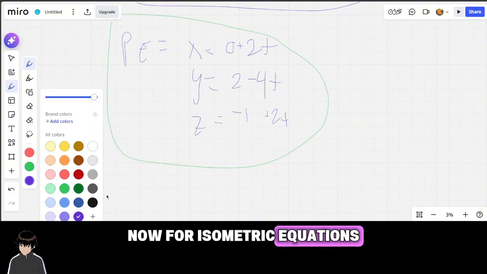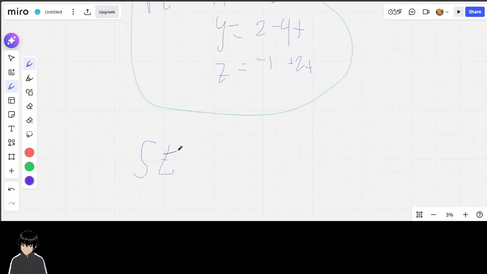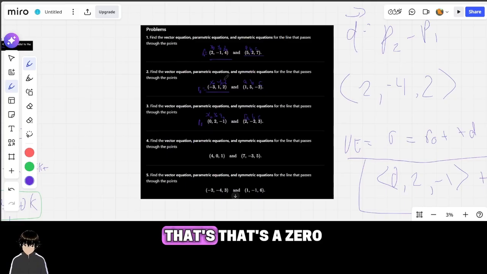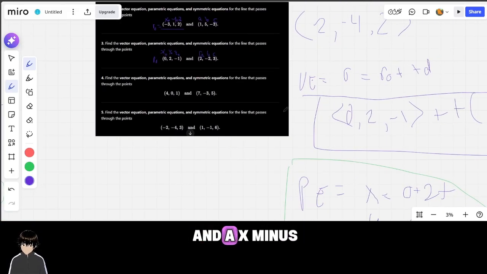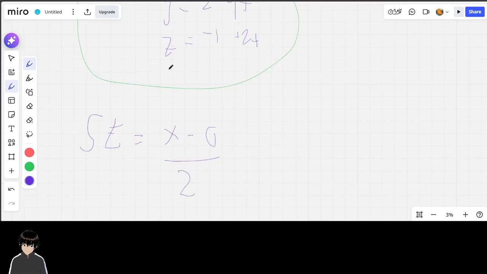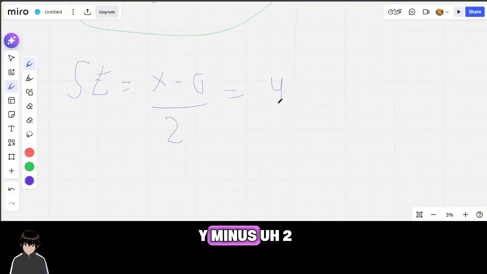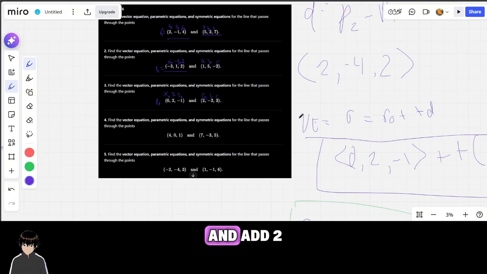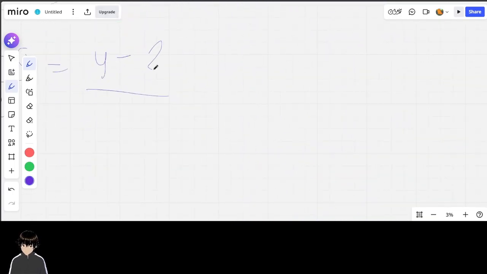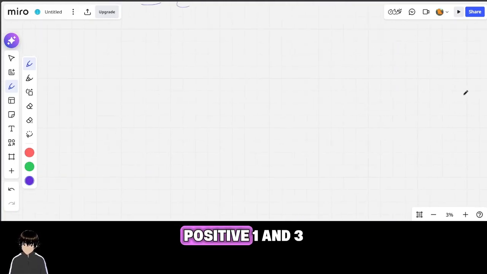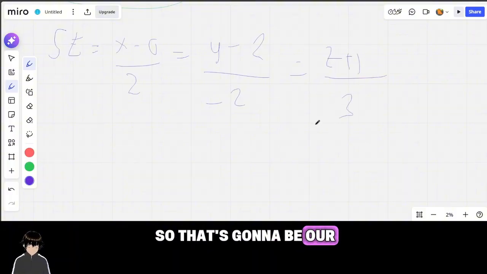Now for the symmetric equations, we have x minus 0 over 2, equal to y minus 2 over negative 4, equal to z minus negative 1, which is plus 1, over 2. So that's going to be our symmetric equations.